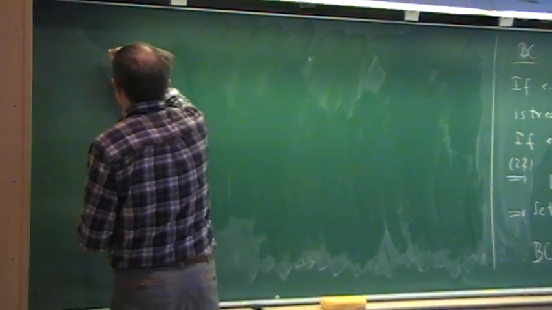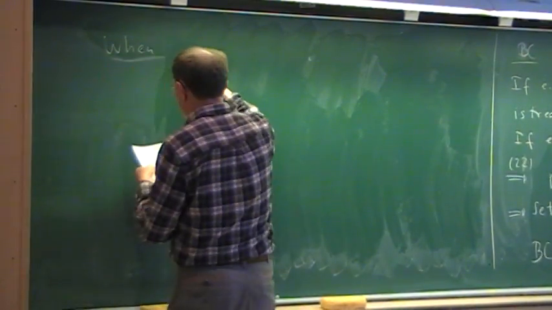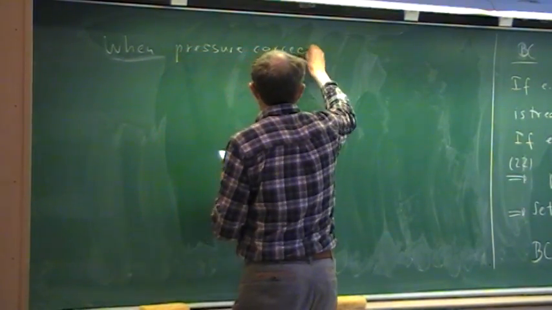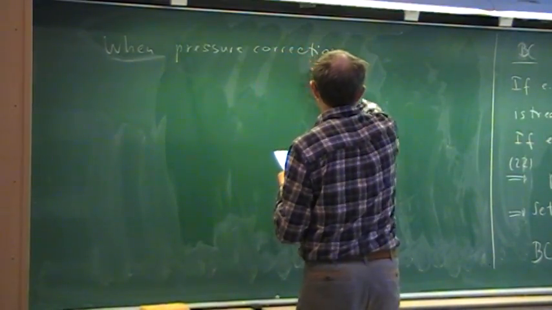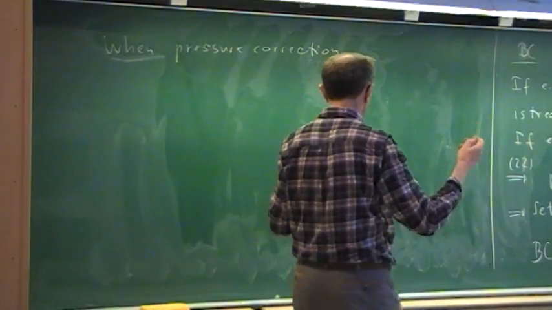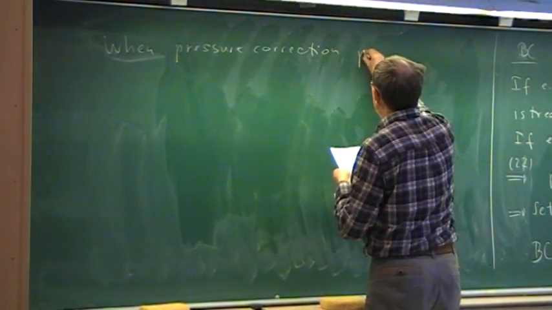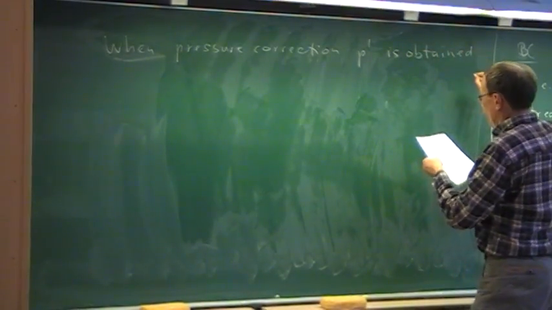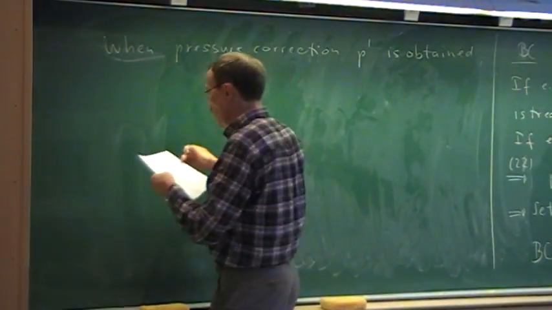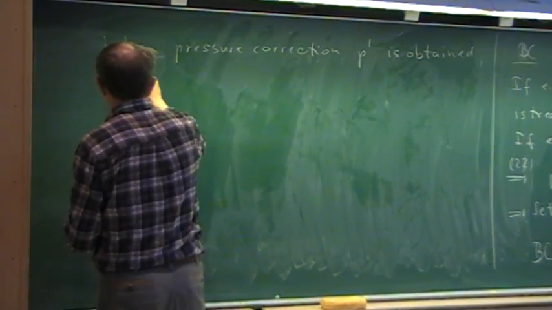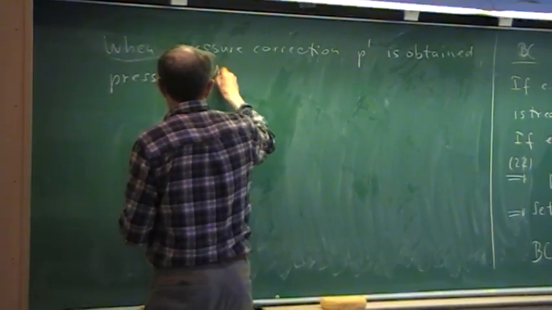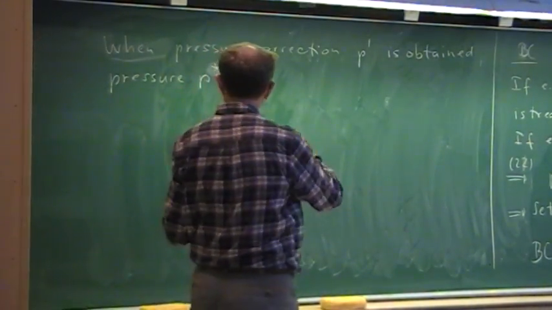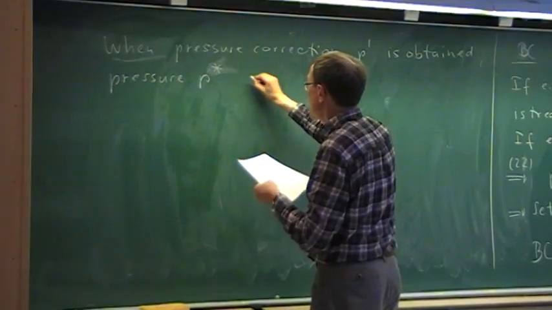When we have solved this equation so that the pressure correction is obtained, we can again use our favorite method, for example alternating line Gauss-Seidel. The pressure P star is corrected. That was the preliminary pressure, P star, that we had guessed in the beginning, the latest iteration in the iterative process.